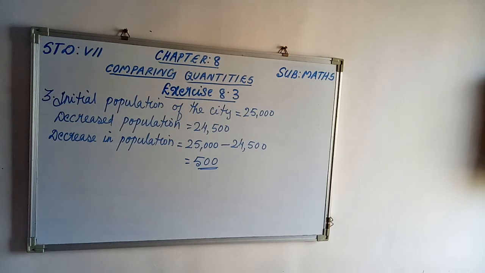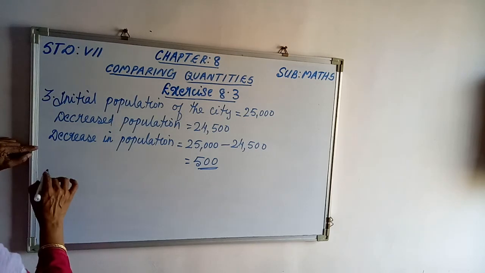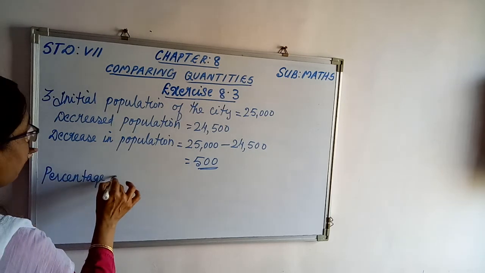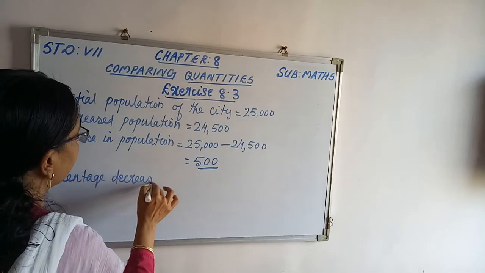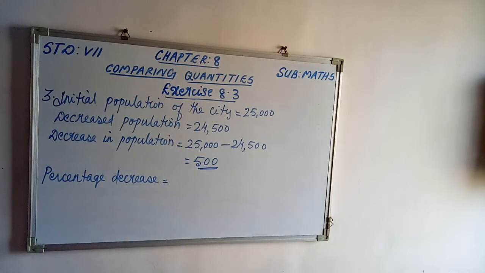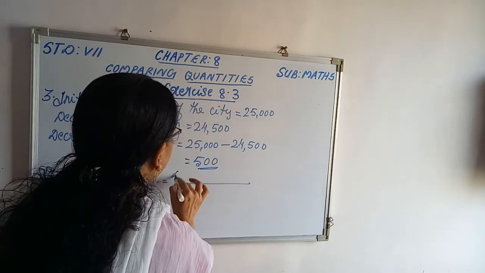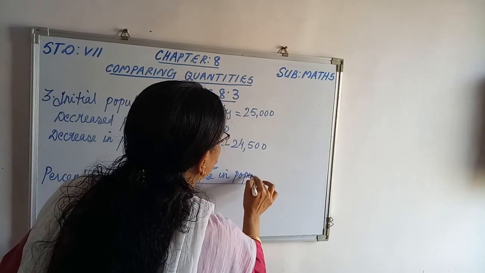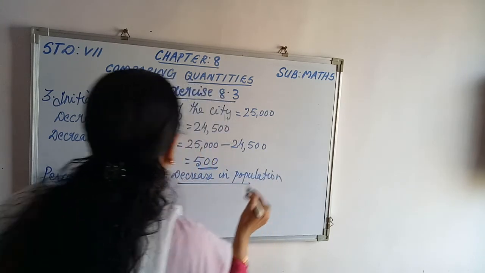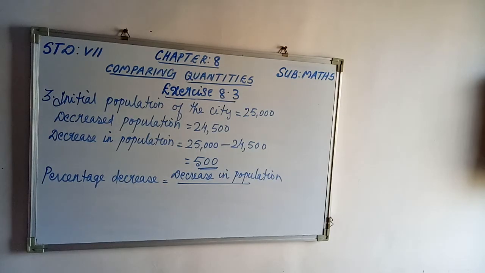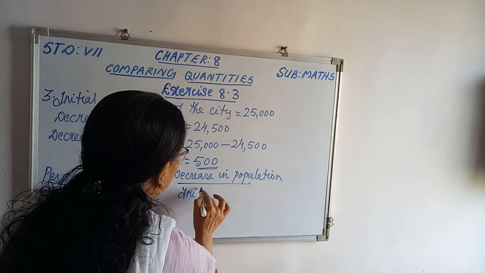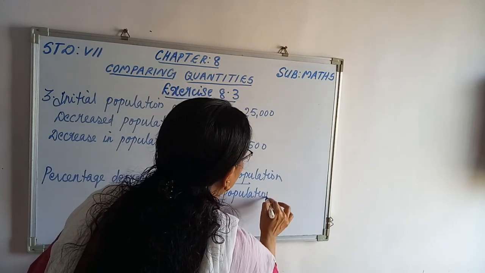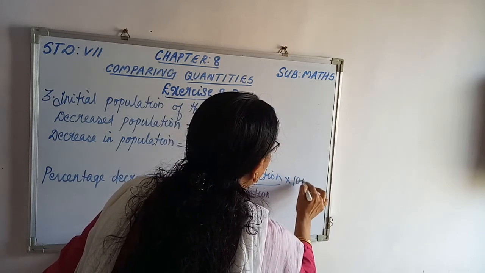Now we can find out the percentage decrease. The percentage decrease, in the beginning I gave you the formula. So percentage decrease is equal to decrease in population upon initial population multiplied by 100.